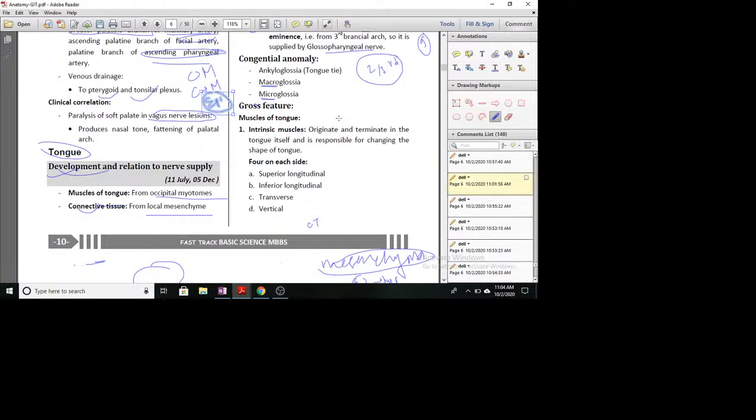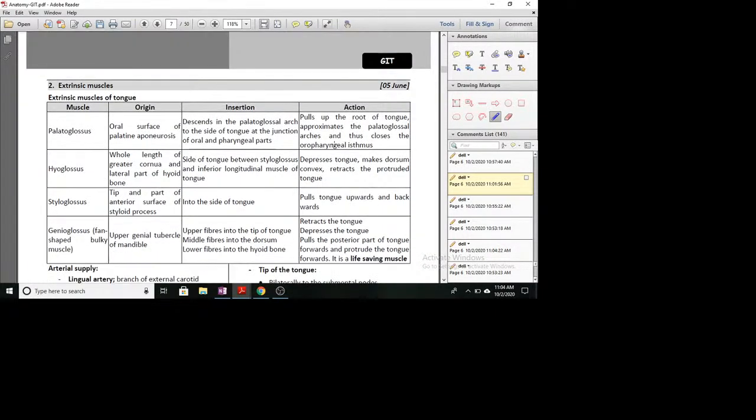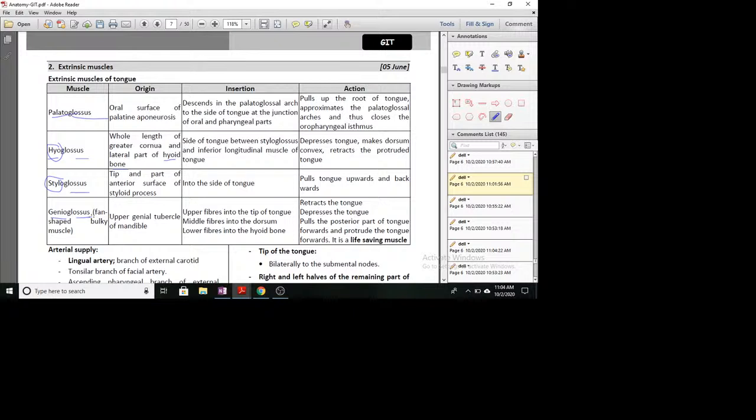There are various muscles. The intrinsic muscles of the tongue change the shape of the tongue. Then palatoglossus, and hyoglossus, which has to do something with the hyoid. Styloglossus arises from the styloid process and goes deep into the anterior part of the tongue. Genioglossus arises from the genial tubercle of the mandible.